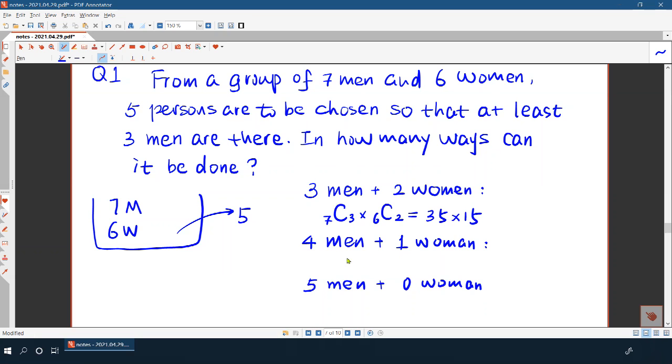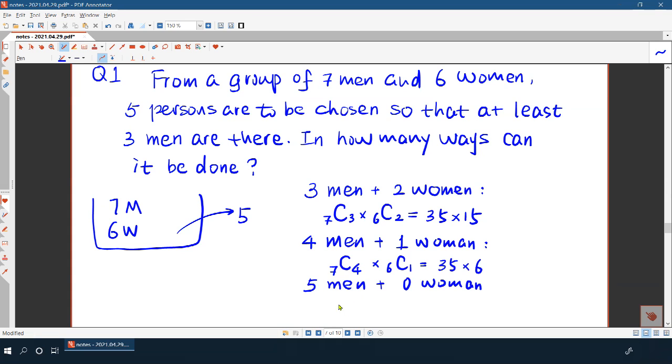Next, if we pick 4 men plus 1 woman, again according to the rule of product, first step is to pick 4 out of 7, next step is to pick 1 out of 6. So for the second option, we have 35 times 6 ways.